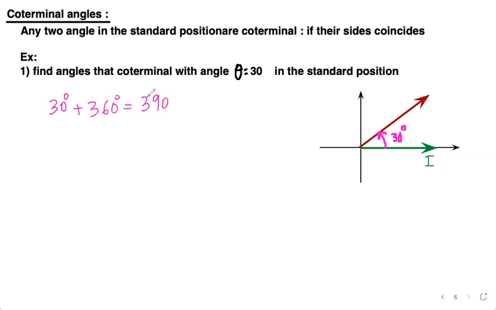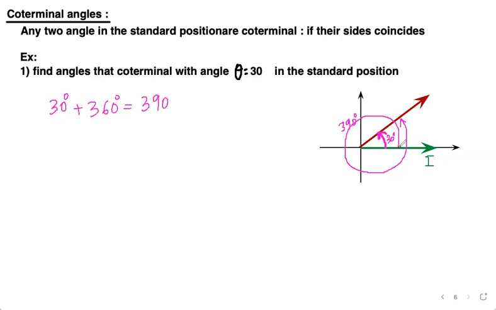If I want to graph this angle, let me remove the 30 here. This is 30. The 360 means I have to rotate around the XY Cartesian plane like this. This is 360 until this point. Now I have to continue by 30. Here is the 30. This angle is 390, but the small one is 30.